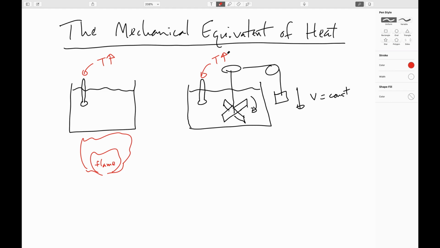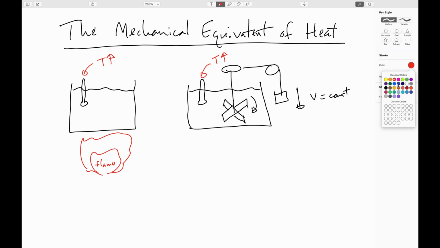So nowadays, we would interpret the temperature of the water as being related to the average kinetic energy of the water molecules, and in fact, the current official definition of temperature is based on that, but it'll take me a few series of videos to get to that point.